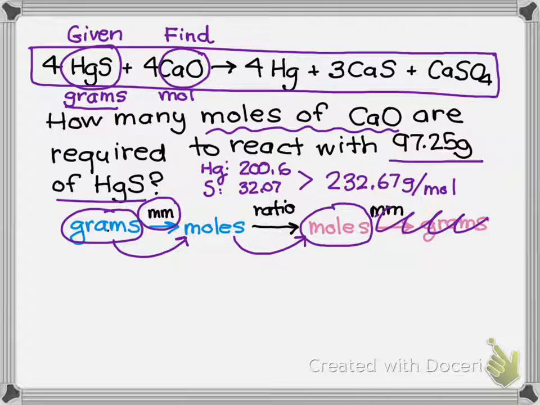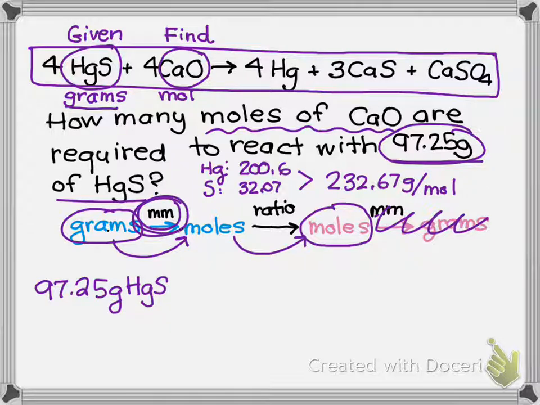So I write down what I was given right here. 97.25 grams of mercury sulfide. And the first step is going to be to change that into moles. So I need to divide by the molar mass because I'm going to put the grams on the bottom and the moles on the top.